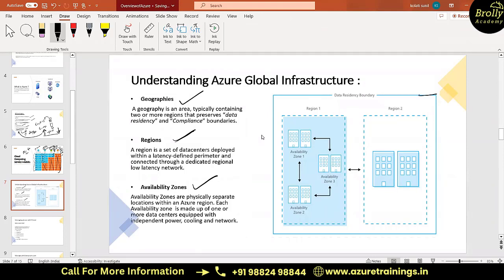Under a geography, we have regions. Again, under regions, we have availability zones. An availability zone is nothing but a set of data centers. Think this is one data center and this is another data center. A set of data centers is called an availability zone. So first comes geography, in geography we have regions, and in regions we have availability zones.